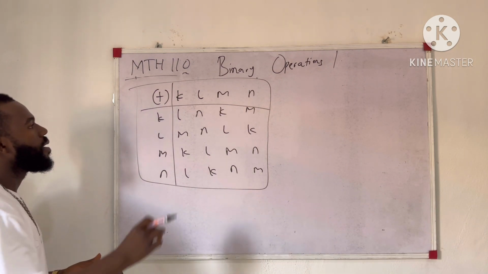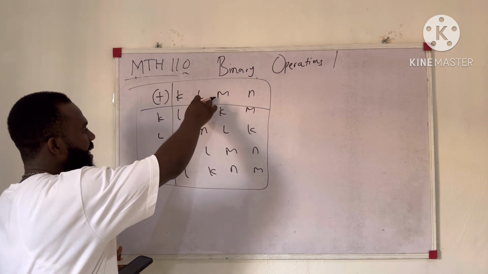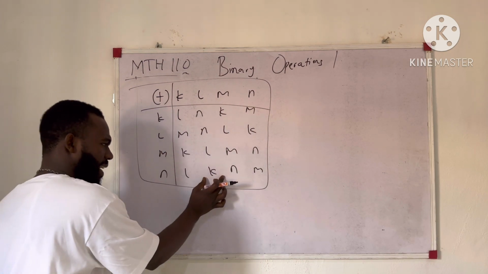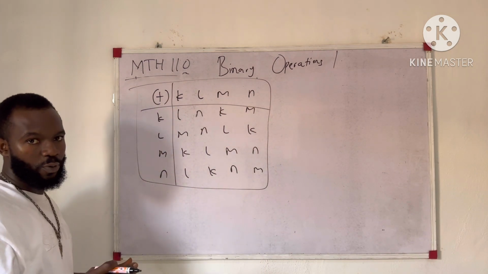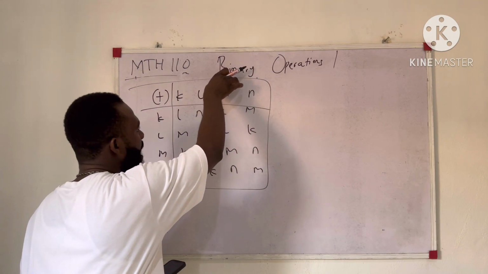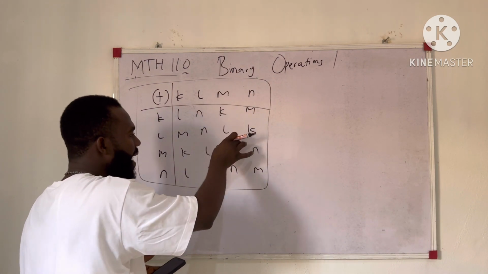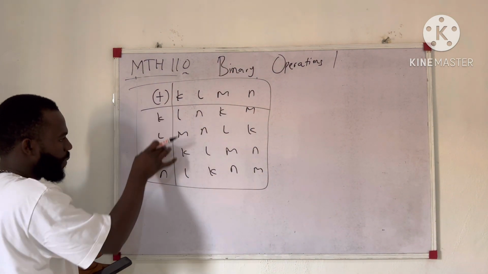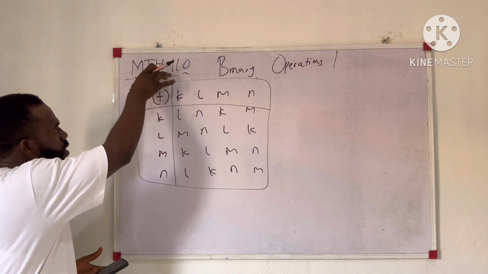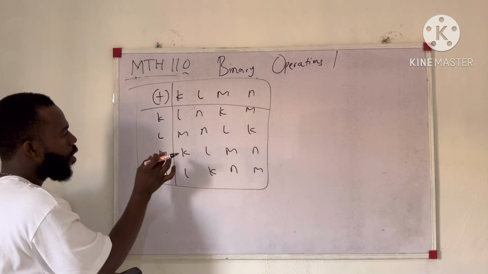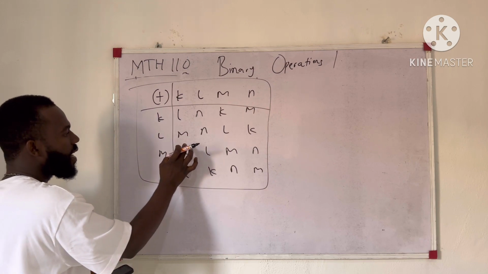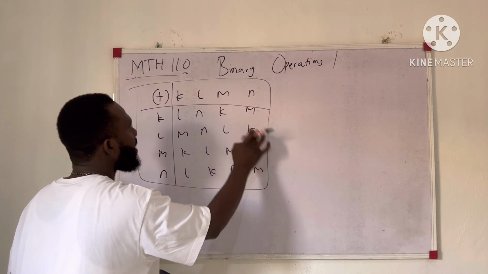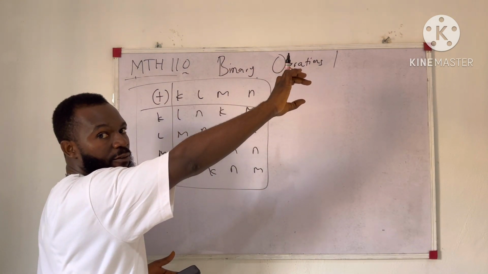So that one is away. Now under L, I have N, N, L, K, which also does not correspond with the column. And under M, I have K, L, M, N, which corresponds here. Now let's come here and check. Under M also here, I have K, L, M, N, which corresponds with what we have on our row.